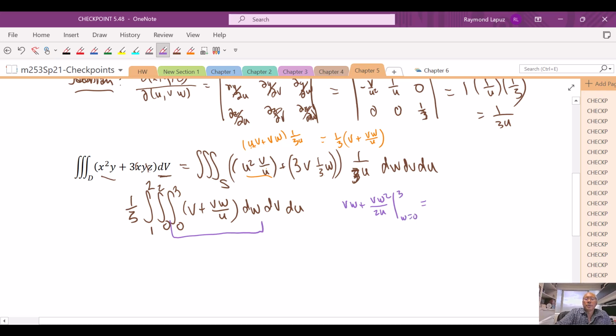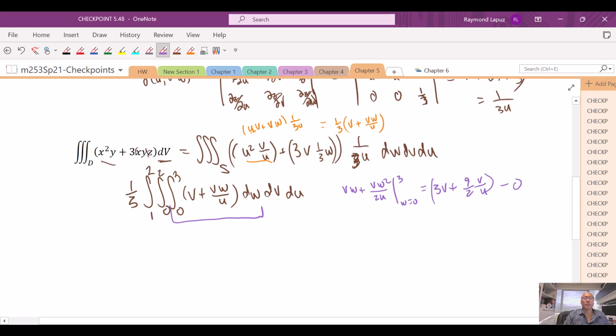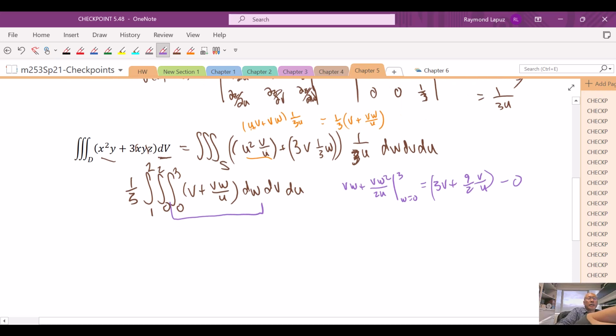And with 0 there, that goes away, so it's just going to be 3v plus, and then this is 9, so that's 9 halves v over u, and that is the integral. We got a minus 0 there, so that's the innermost integral.